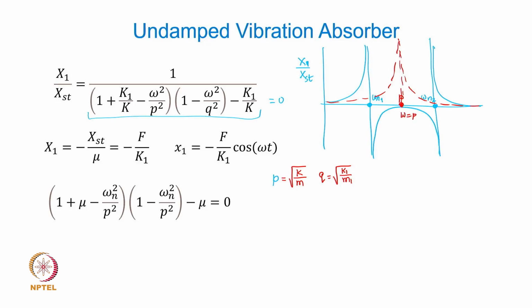Okay, and then we attached and tuned the vibration absorber to match the absorber natural frequency to the parent natural frequency. So therefore, if this condition has been already assumed, then can we say that K over M is equal to K1 over M1?